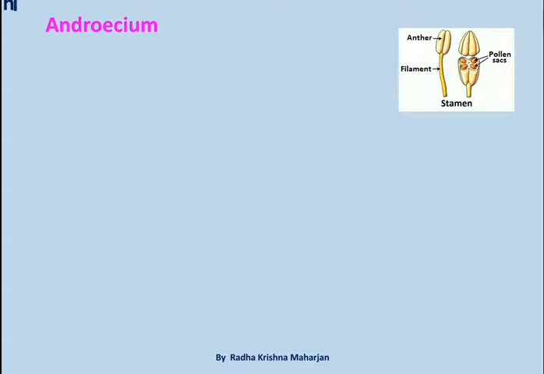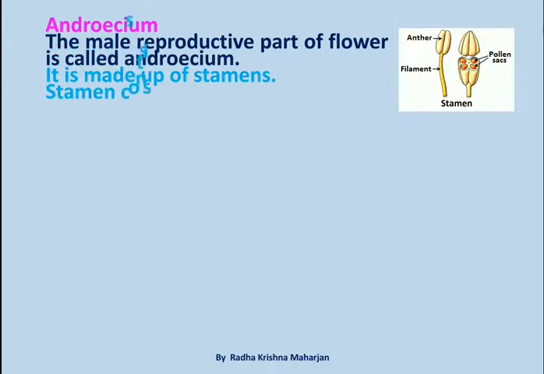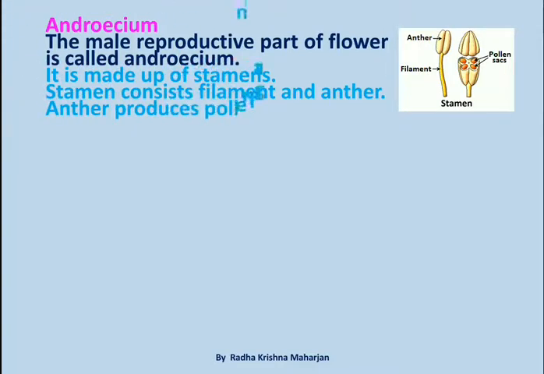Androecium. The male reproductive part of flower is called androecium. It is made up of stamens. Stamen consists of filament and anther. Anther produces pollen grains.